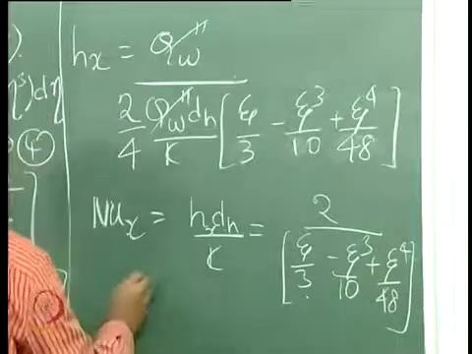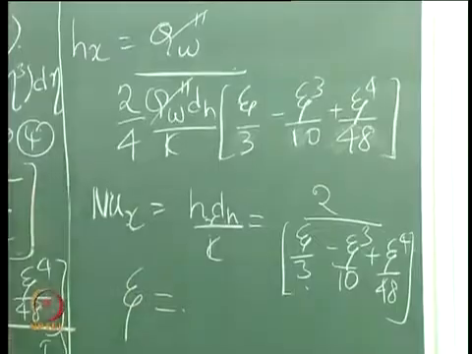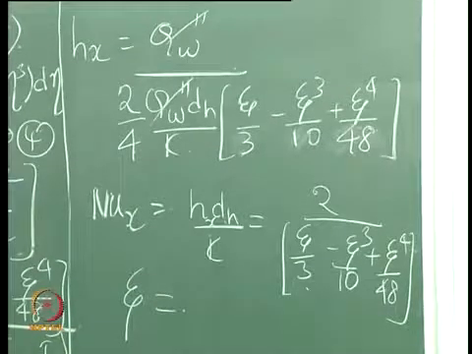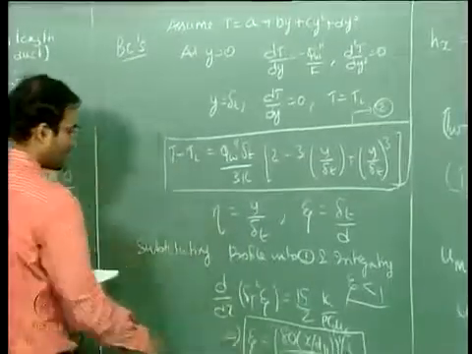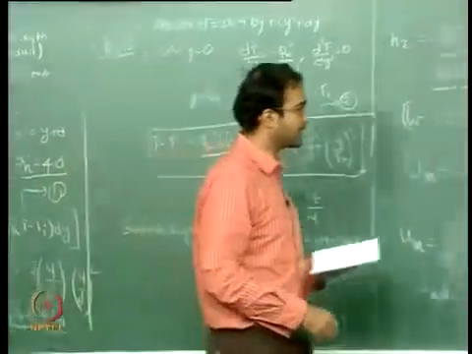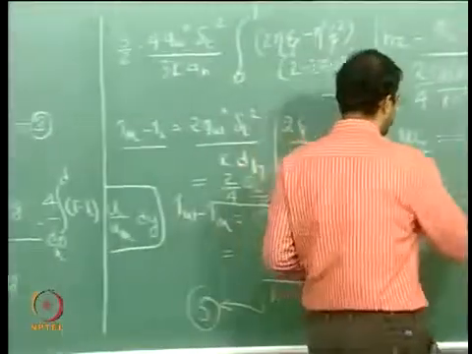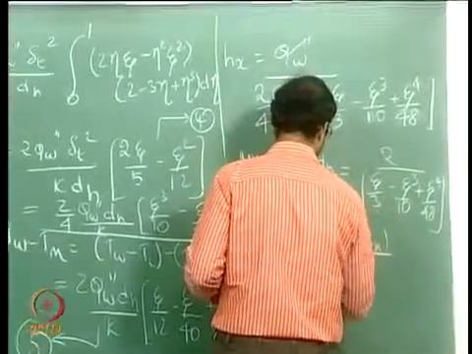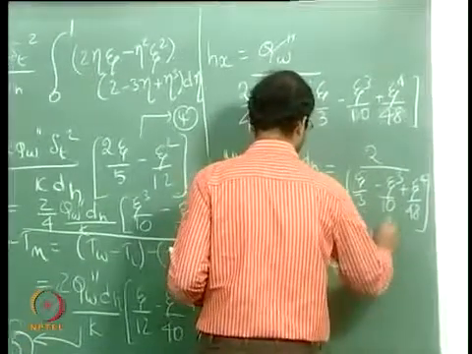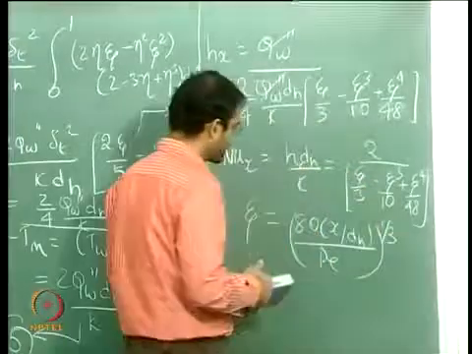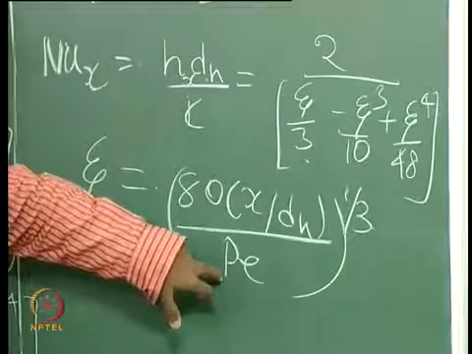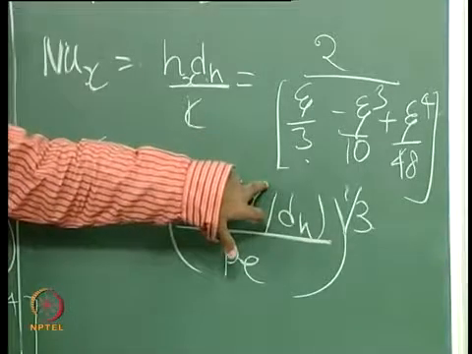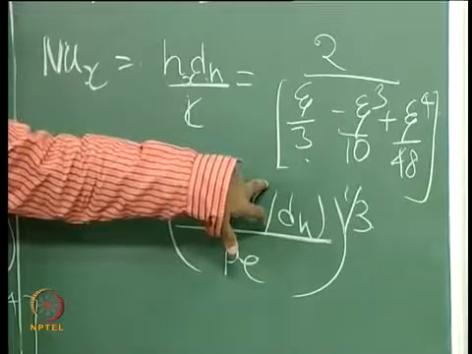where your zeta is nothing but, we have already derived the expression for zeta by solving the energy integral, that is 80 times x by dh divided by Peclet number whole power 1/3. So this non-dimensional ratio here, Peclet number by x by d, is nothing but Graetz number.